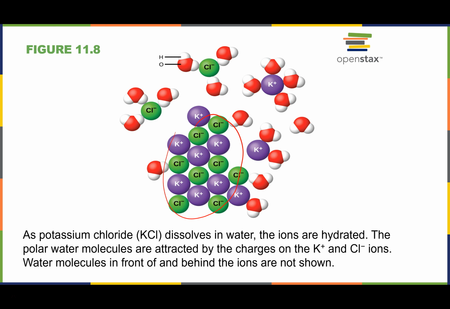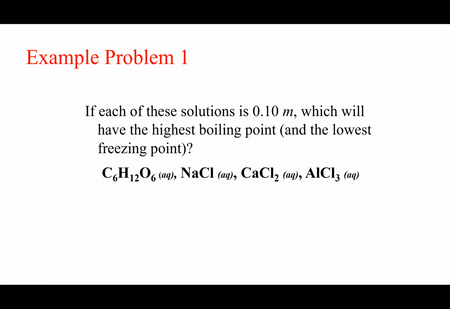Again, remember that the water molecule has a partially negative oxygen and partially positive hydrogens. So the partial negative oxygens surround the positive cation, and the partial positive hydrogens surround the negative anion.